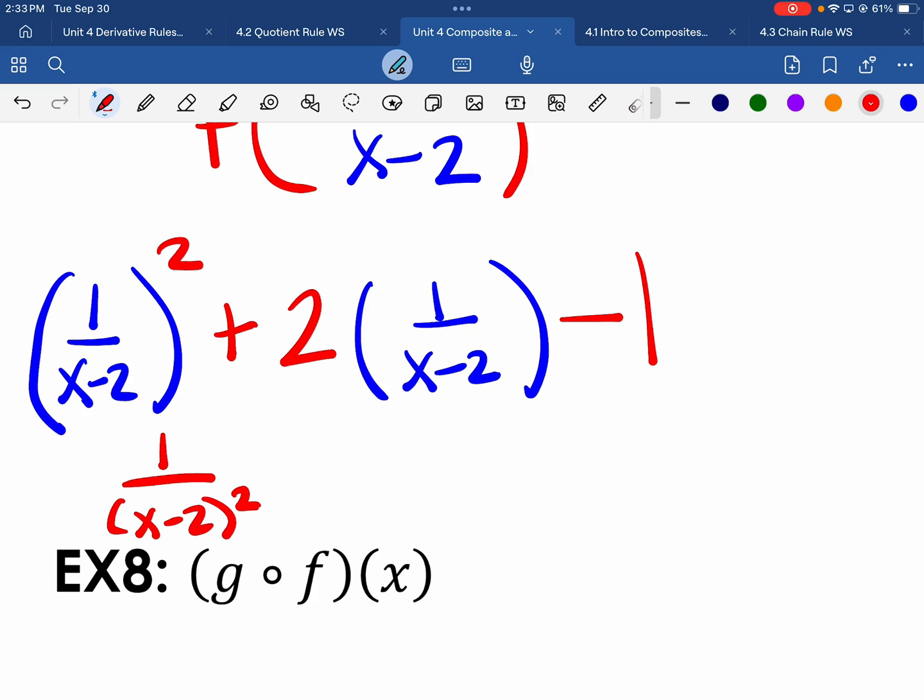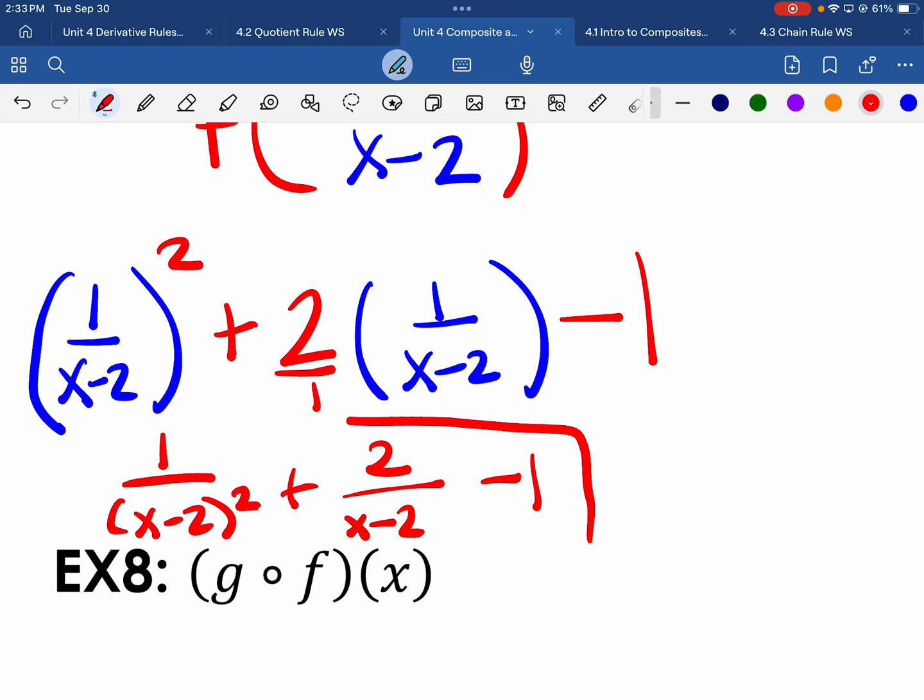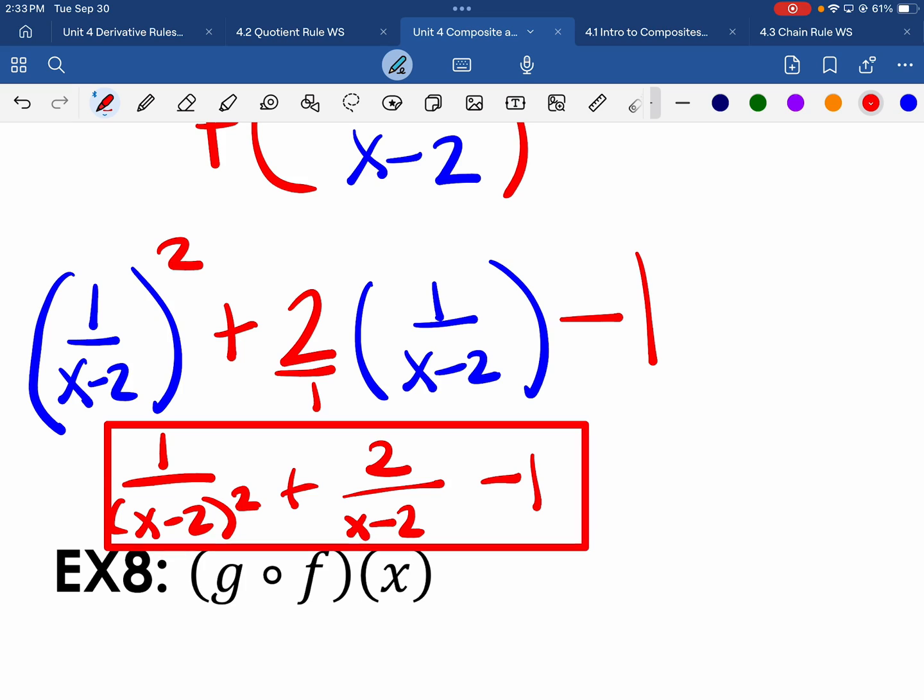The top. Only the top. Don't multiply the bottom because it's an understood 1 on the bottom. So plus 2, the bottom is going to stay x minus 2, and the minus 1 is still hanging out there. And that's my composite.